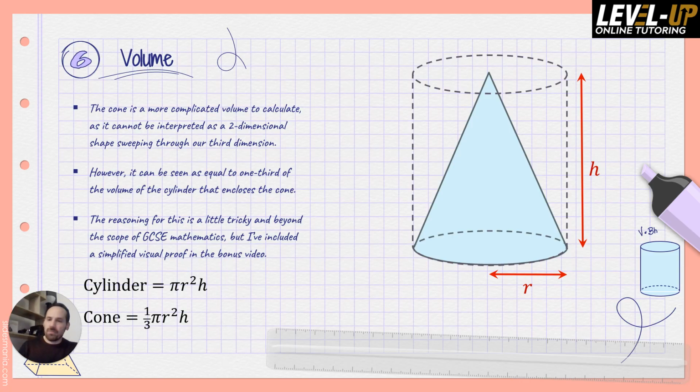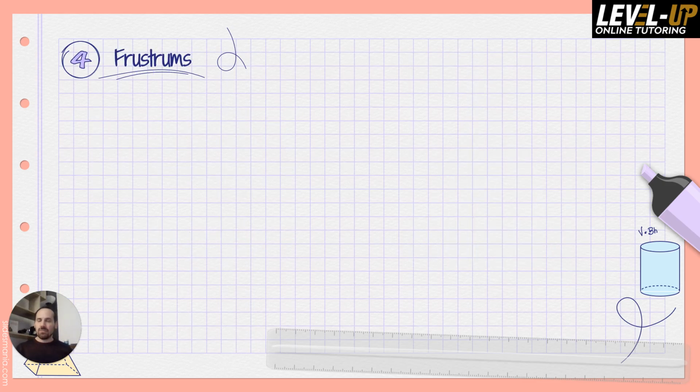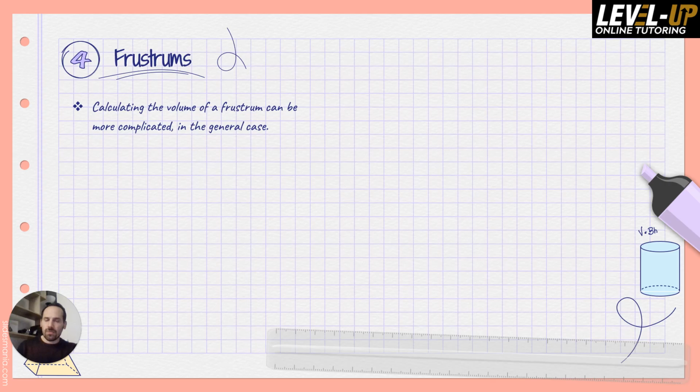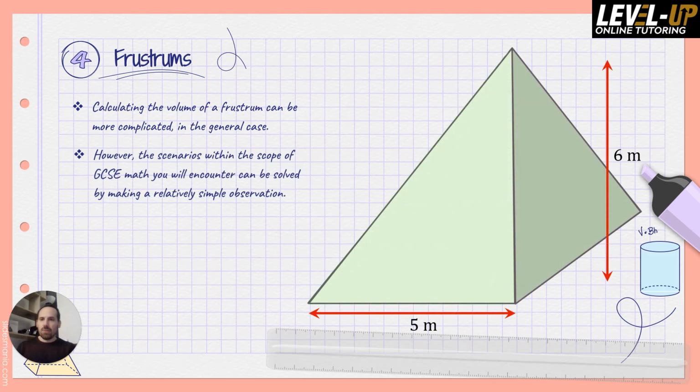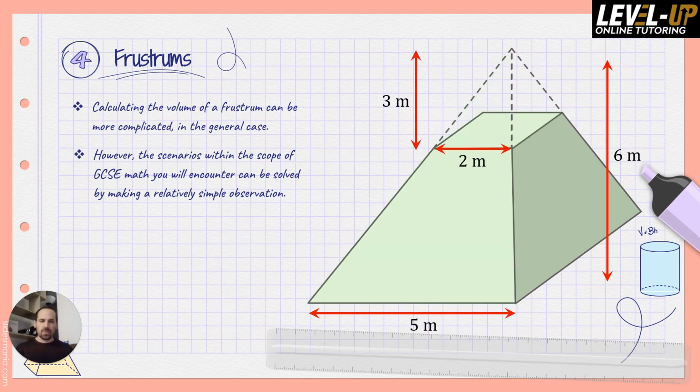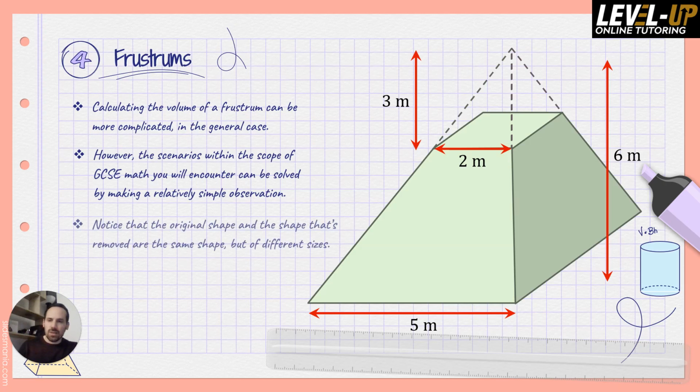And we can do the same thing for a pyramid, which is really handy when we're doing something with a frustum. Calculating the volume of a frustum can generally be more complicated, but it's definitely within the scope of GCSE math, and we can solve it by making these simple observations. We've got a pyramid, we're chopping off the top part of the pyramid, and so we need to know where that is and what its dimensions are.